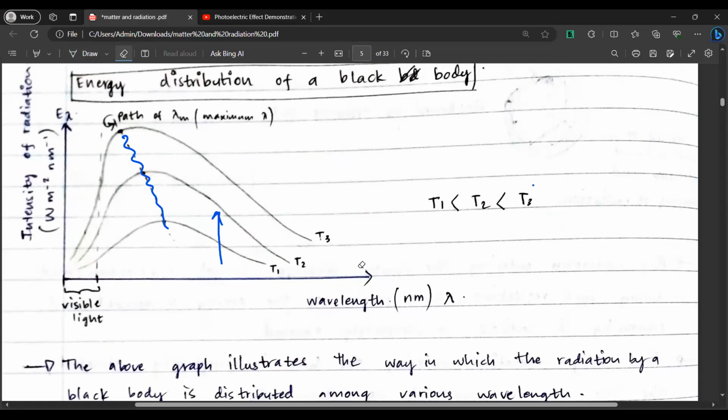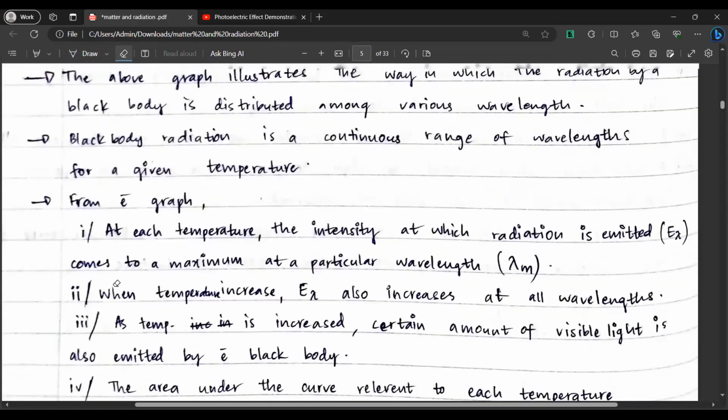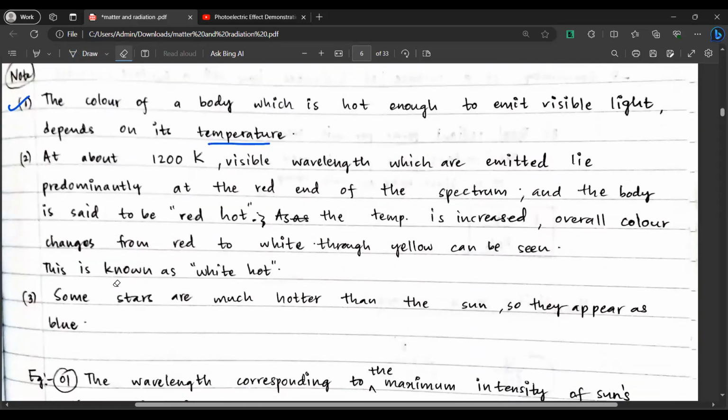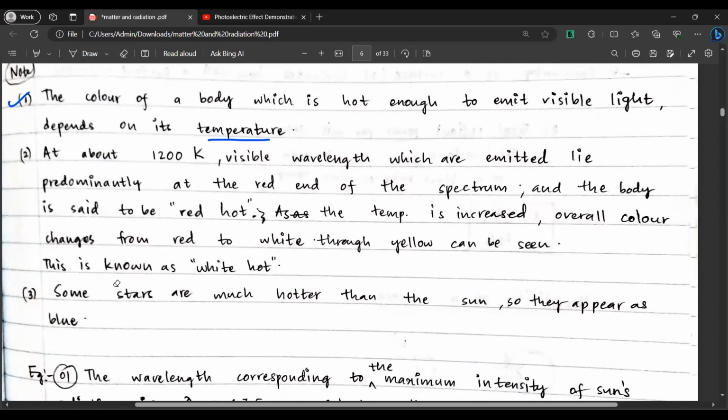That means it will slowly have more light in the visible region. Okay, so it should have sufficient temperature. If it has sufficient temperature only, it will emit visible light.